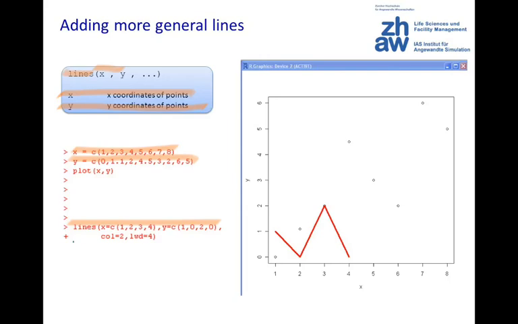So we start at point 1, 1. That's here, right? Then the next point is at 2, 0. The next at 3, 2. And the last one at 4, 0. So with this we specify straight lines between points. Again, the same graphic parameters then afterwards as in the command curve.